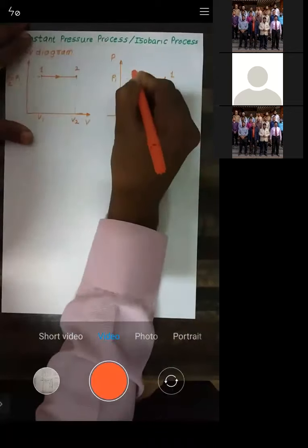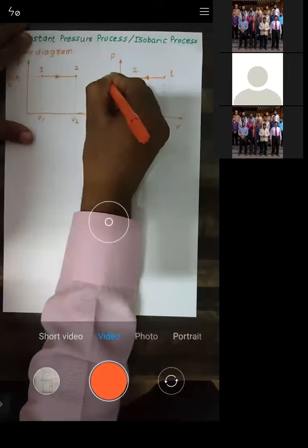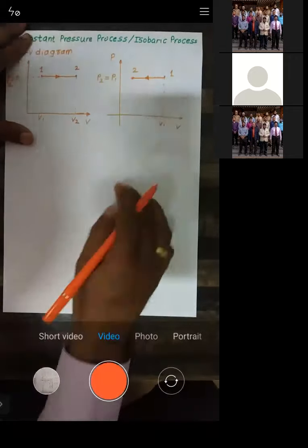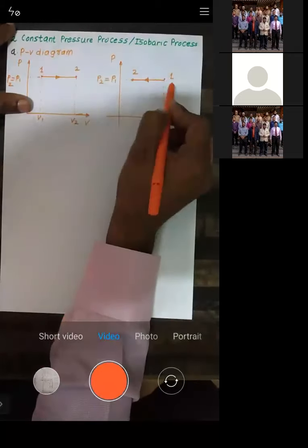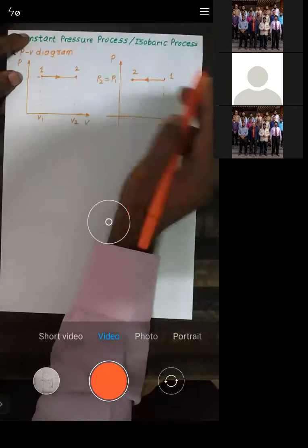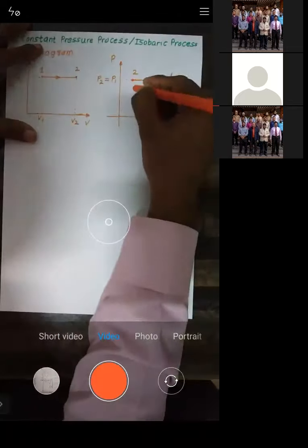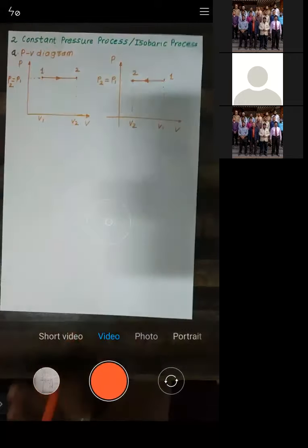So I will reach point number two, where pressure is P2. But when I move from point one to point two along a constant pressure line, P2 is equal to P1. So I will get a new volume, that is V2. Is it okay now?